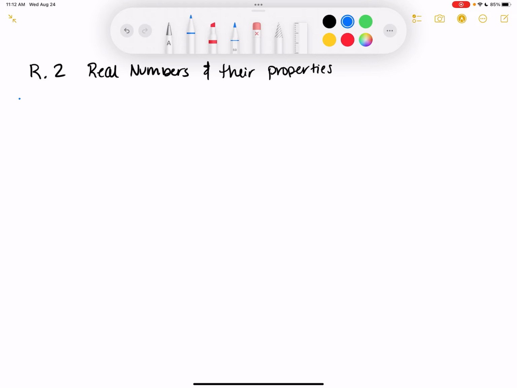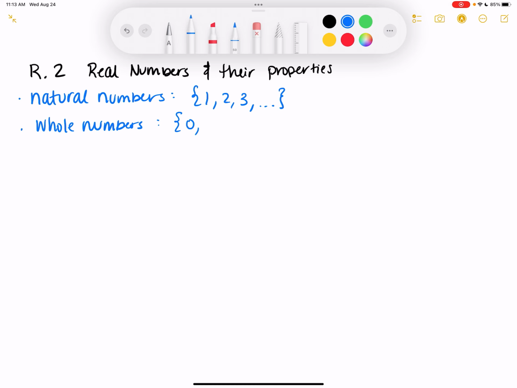All right, so natural numbers, just as a review, are the numbers like 1, 2, 3, and so on and so forth. Those are the counting numbers. Whole numbers start with 0 and then go up.